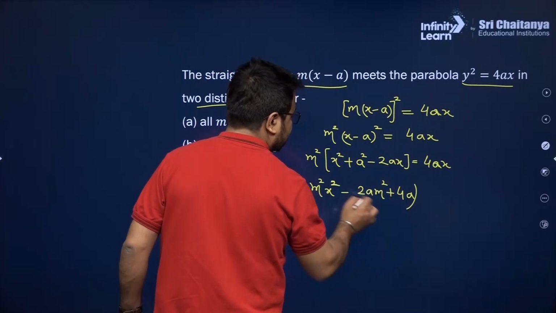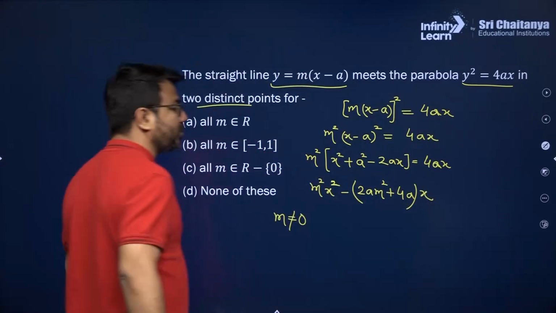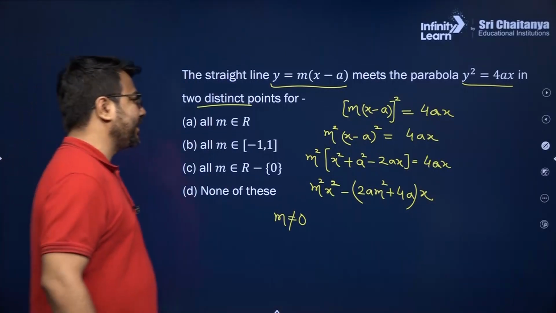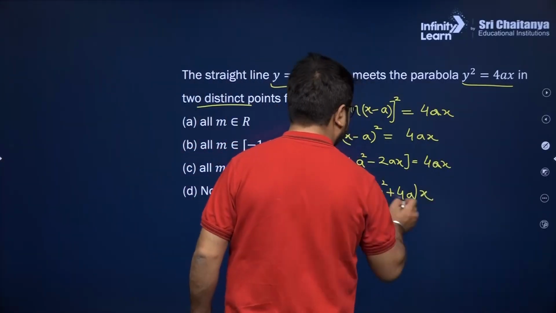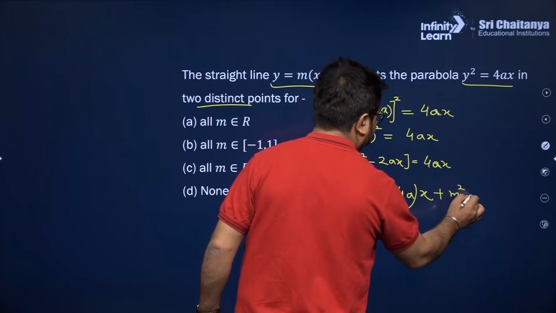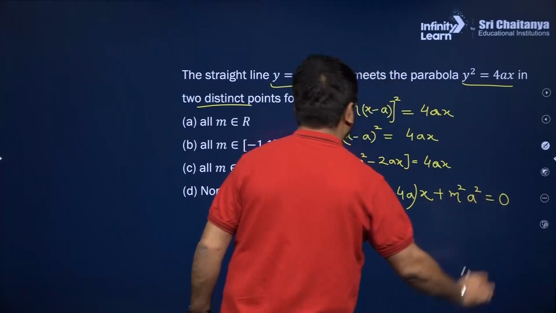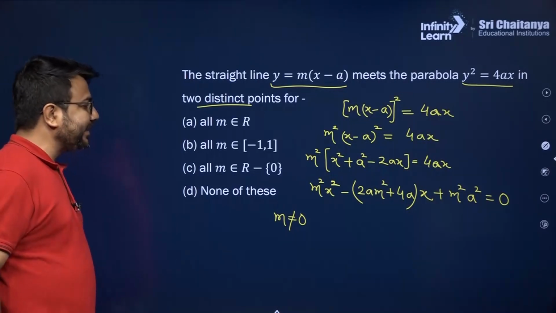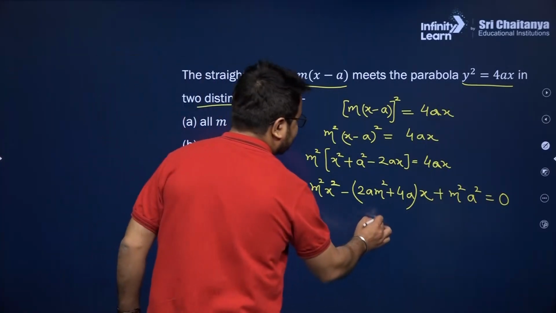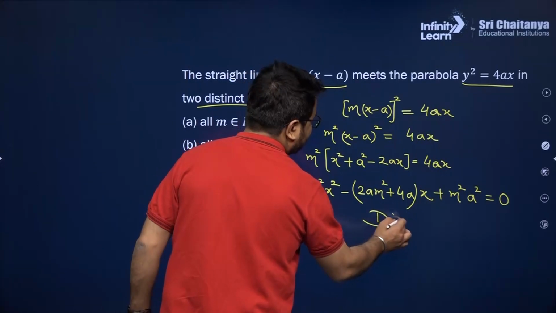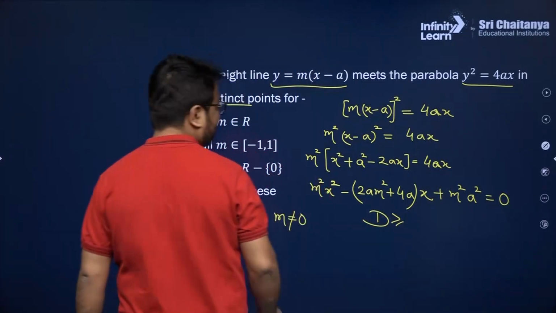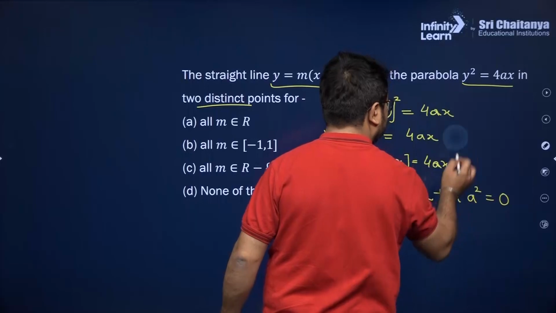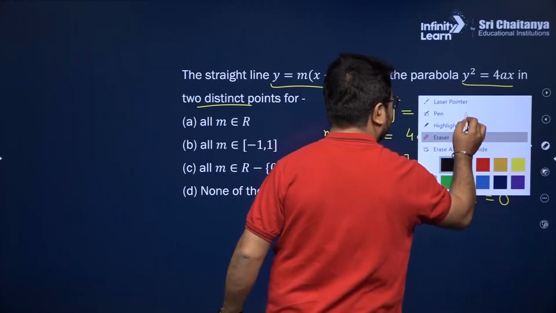I am taking x common, and here we have m square a square, and this equals 0. I hope this is also clear to you. So basically what we need to do is find the value of the discriminant for it. D should be greater than 0, because for two points it should not be equal to 0, it should be greater than 0 only.